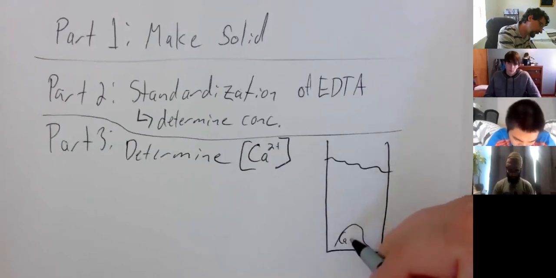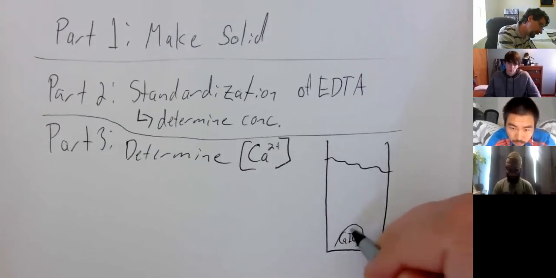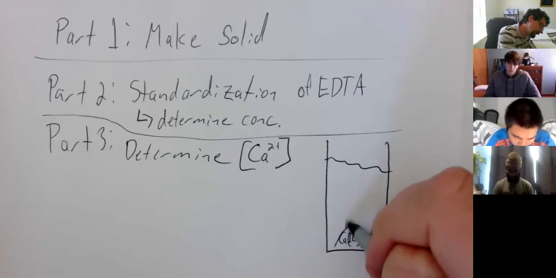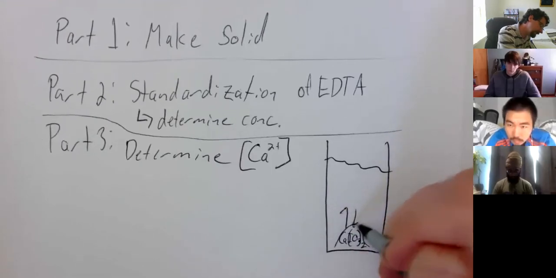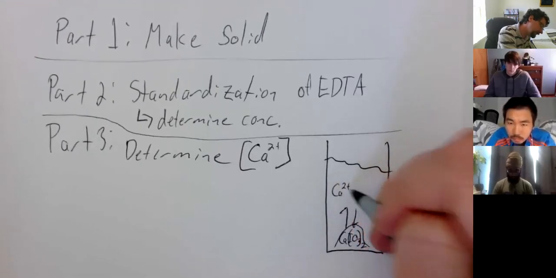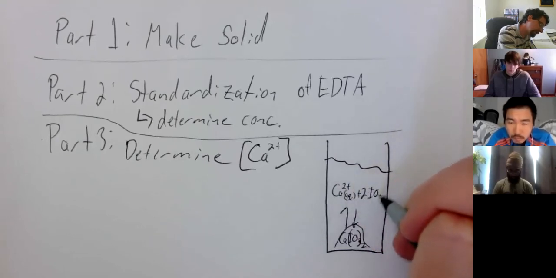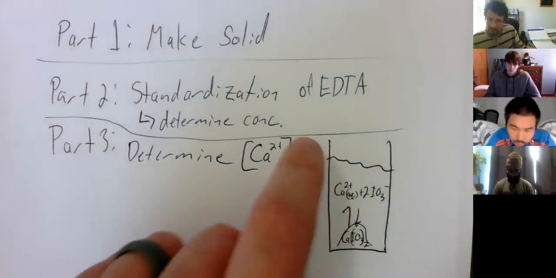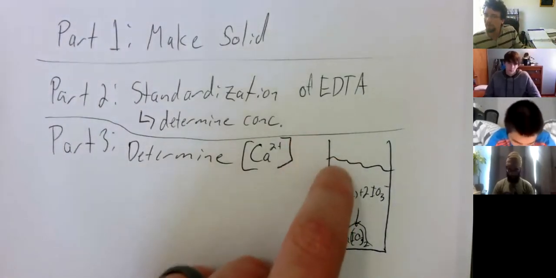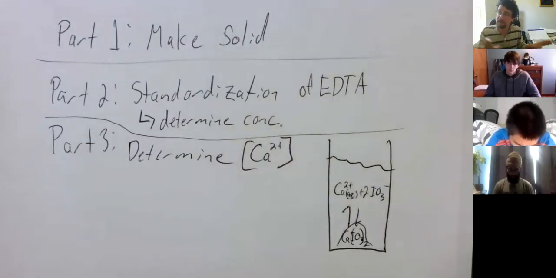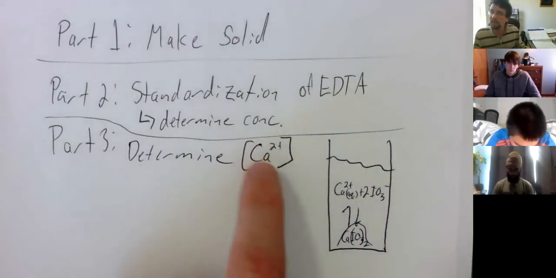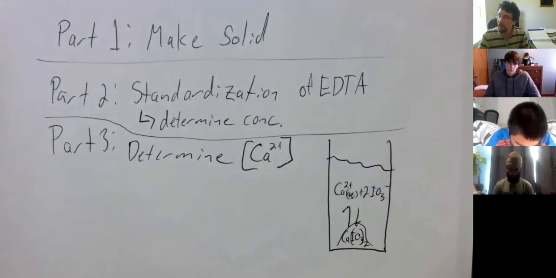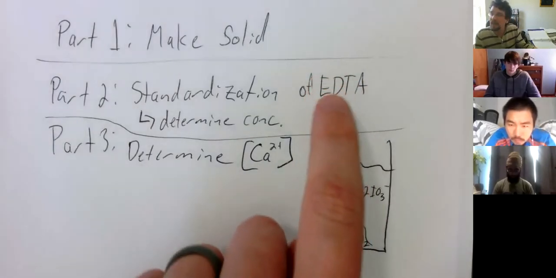We'll introduce the calcium iodate we made, and some of the calcium and the iodate will go into solution. Then we're taking an aliquot of this solution that we've allowed to get saturated, and we're determining the calcium 2+ concentration using the EDTA.